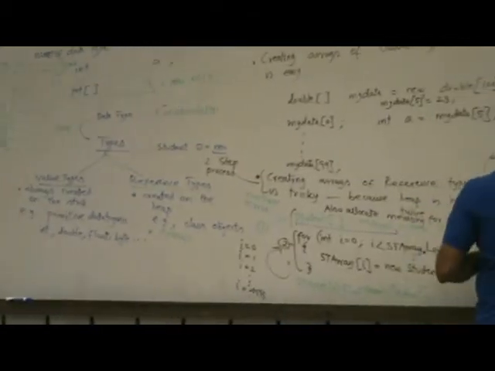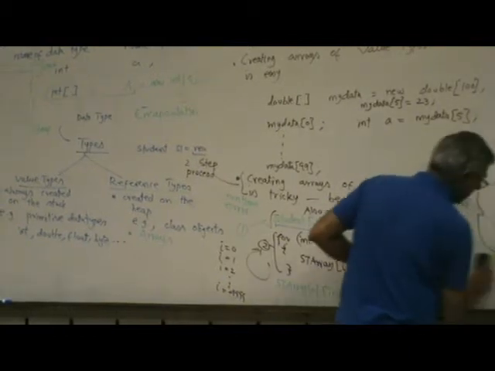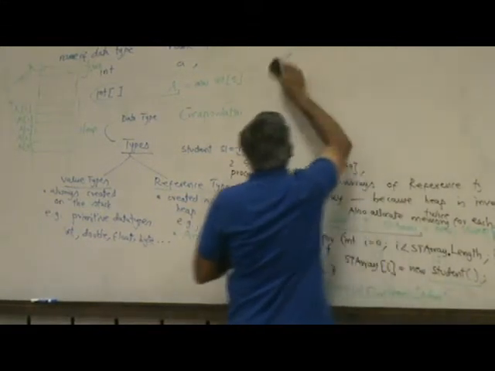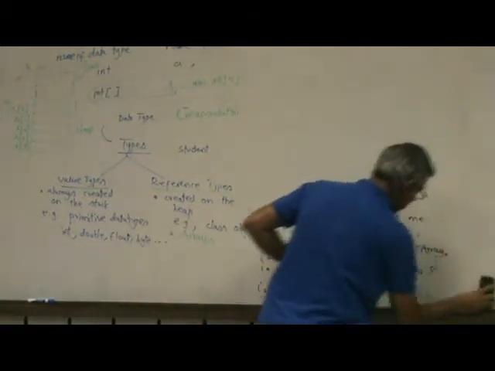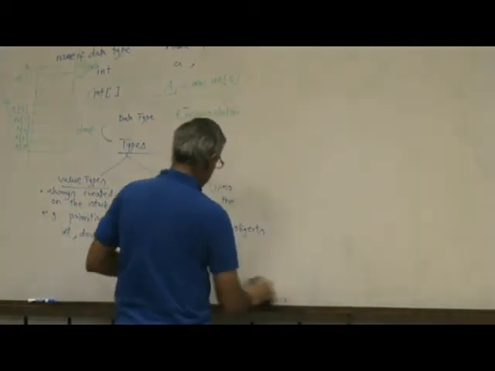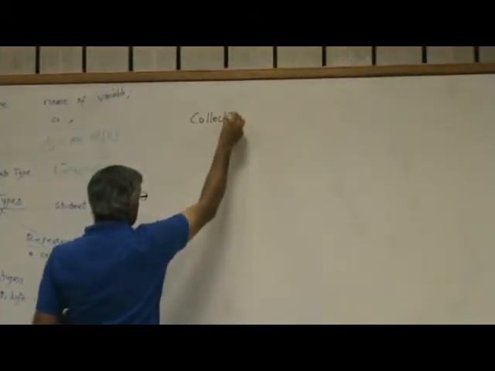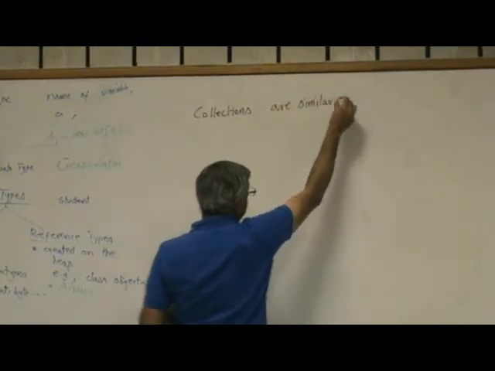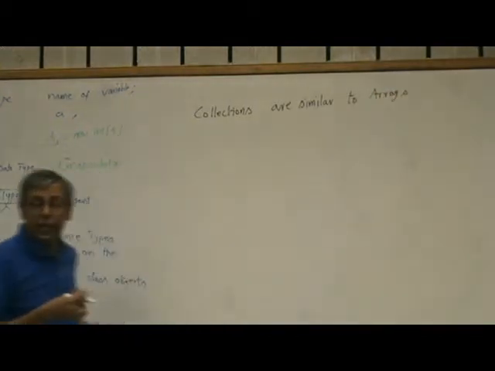Okay, now very similar to arrays, we also have something called collections. So let me introduce the idea of collections. Collections are similar to arrays, meaning their purpose is also to store a lot of data, okay?